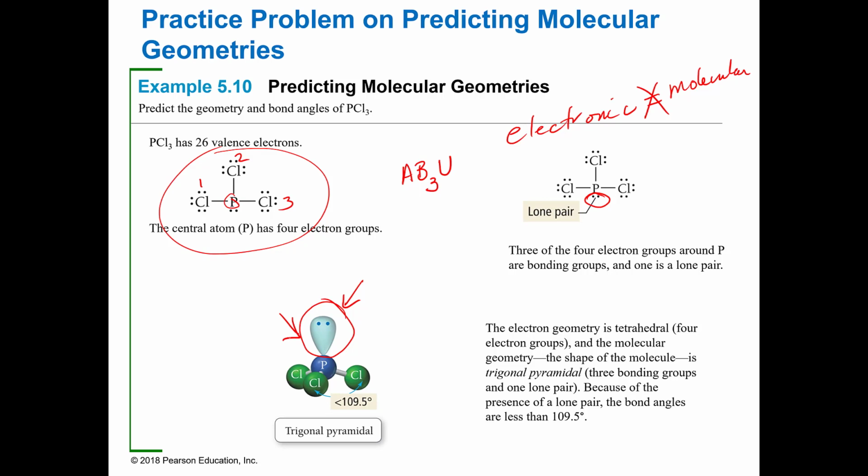Because remember, these electrons want to be as far away from each other as they can be. And so the lone pair isn't being shared with anything, so it has more force, if you will, to change that shape.